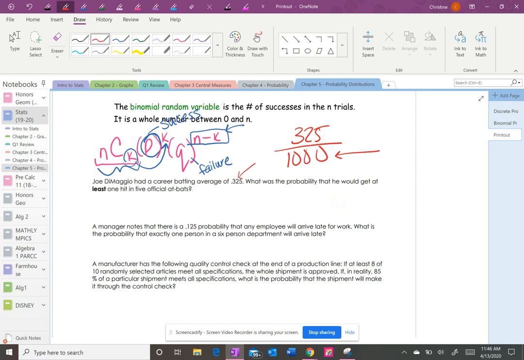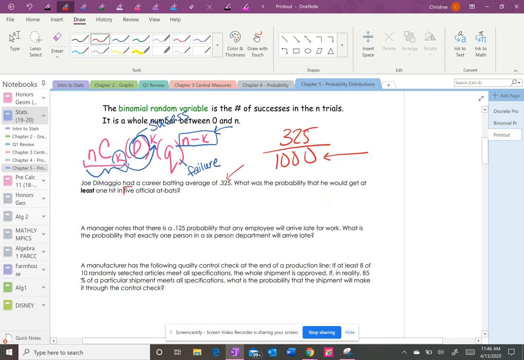It wants to know what's the probability that he would get at least one hit in 5 official at bats. So we want to know if he had 5 times to get up to the plate. We're looking right now at how many possibilities or how many total events there would be for him to get a hit.